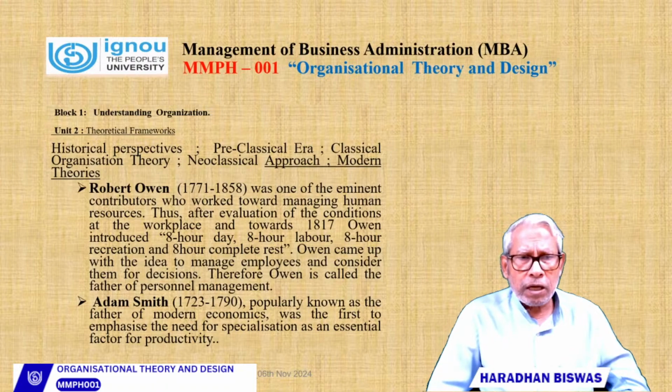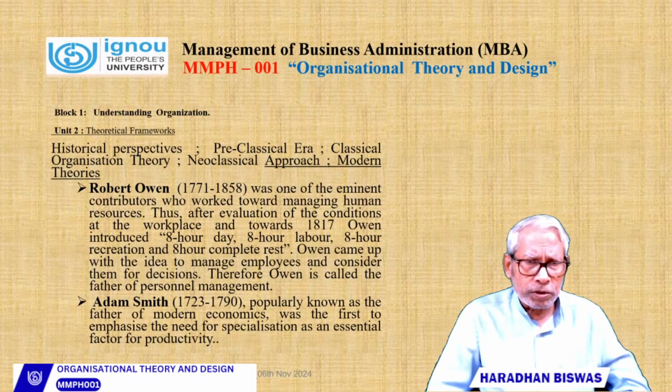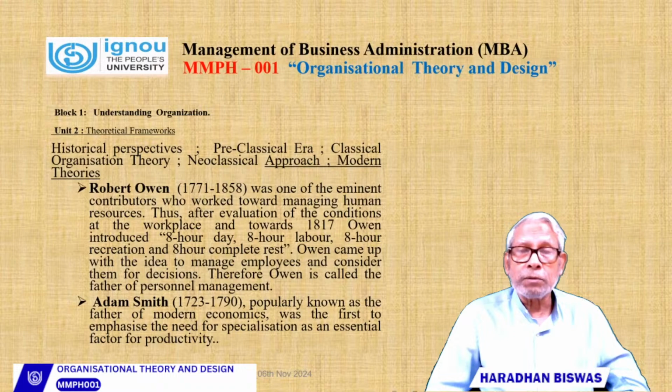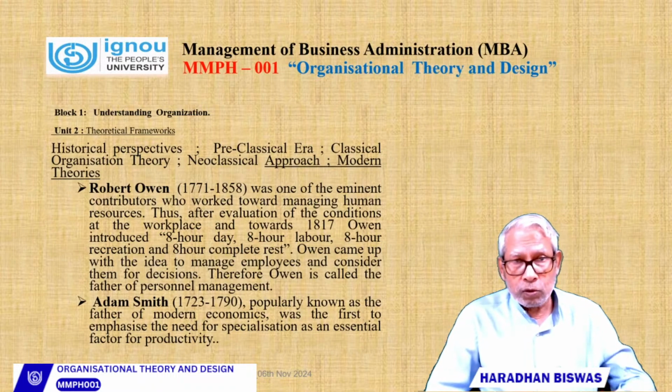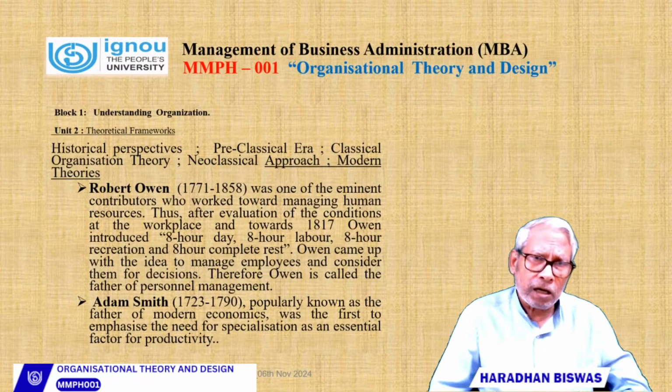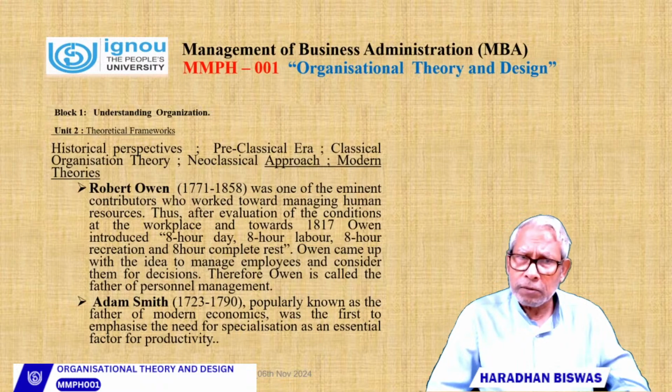Adam Smith, 1723 to 1790, is popularly known as the father of modern economics. He was the first to emphasize the need for specialization as an essential factor for productivity. Robert Owen saw that human beings were working hard and should have sleep, so he distributed time like this, fine. Now Adam Smith is a little more advanced.